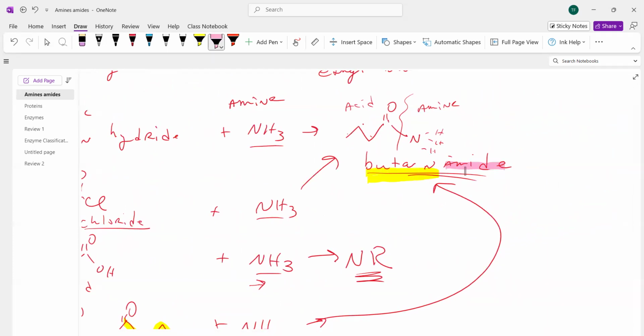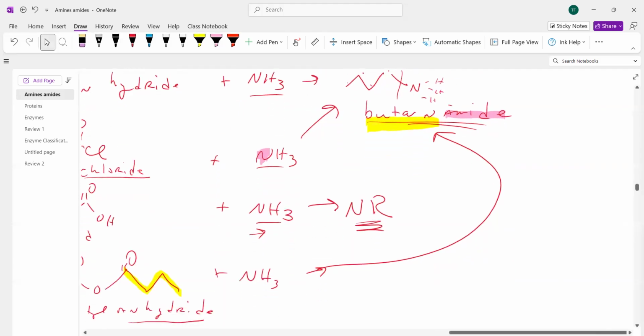This would be the ammonia part, which should be this guy here. So that's the secondary backbone.